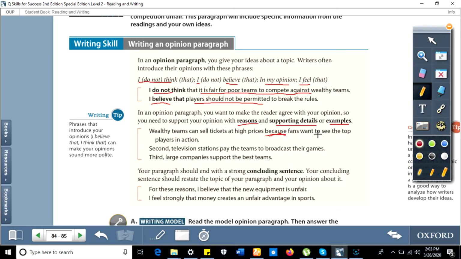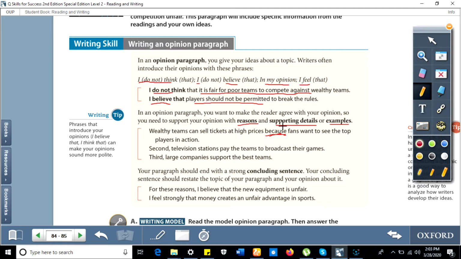So this is the reason why wealthy teams can sell tickets at high prices. So that's how he can give reasons to support his point of view, why he agrees or why he disagrees.